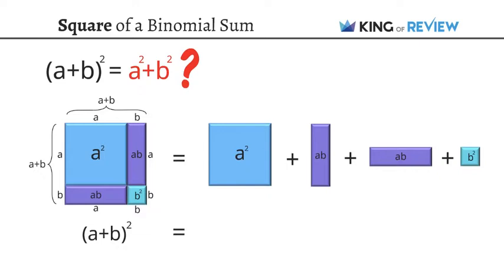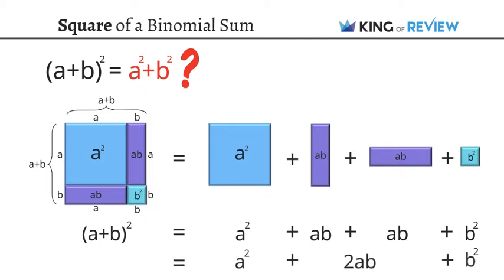The original one, A squared, and two rectangular bricks, plus AB, plus AB, and then lastly the smaller square plus B squared. Oh, there are like terms inside, so we can combine these. So this is equal to A squared plus 2AB plus B squared.